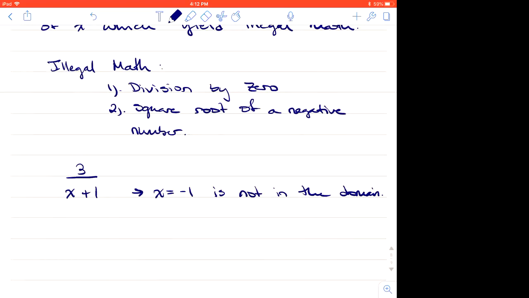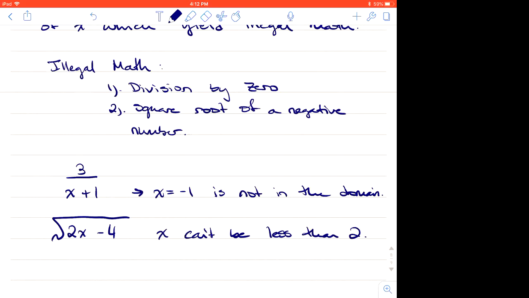Or the square root of 2x minus 4. X would have to be greater than or equal to 2. So x can't be less than 2, because then you would get a negative number.